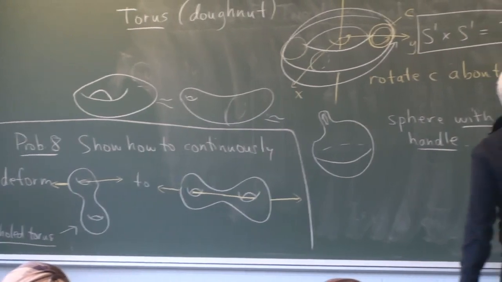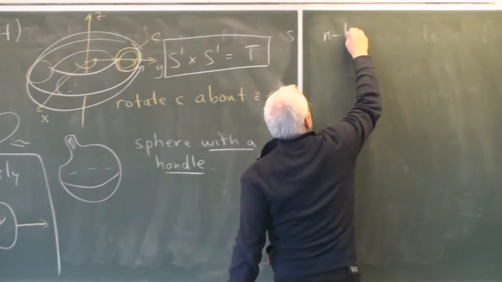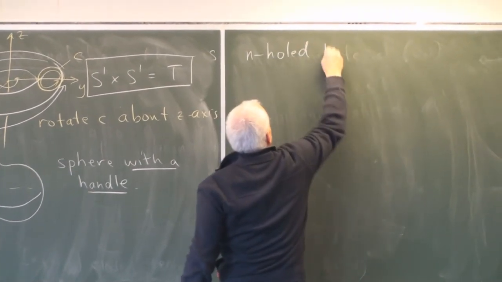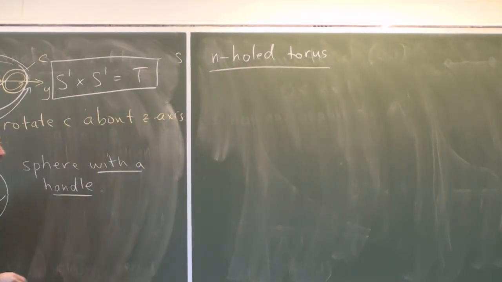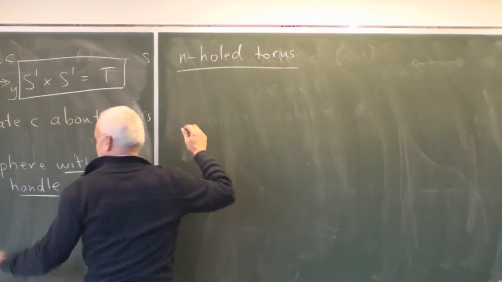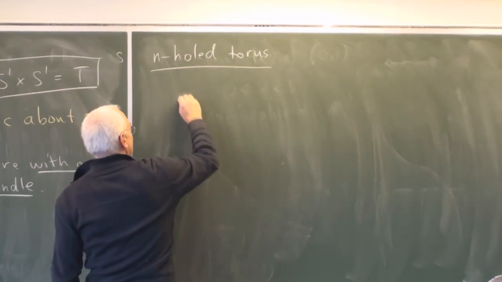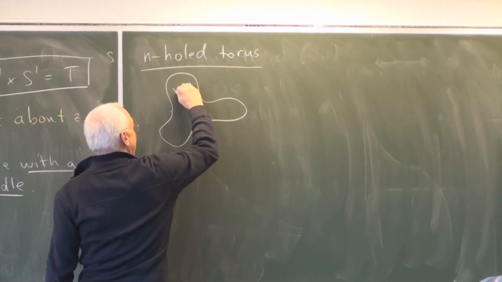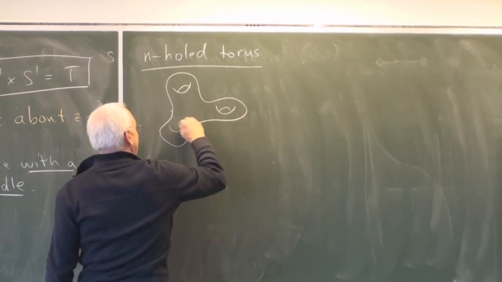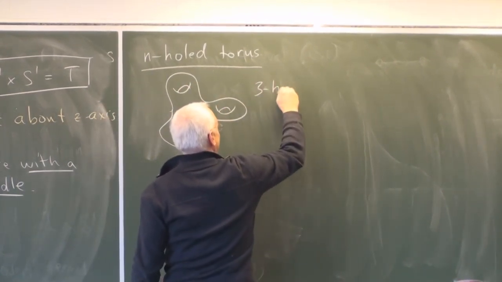All right, so let's just mention this generalization of a torus called the n-hole torus. There was an example of it right there. We've already seen the 2-hole torus, but we can also think of a 3-hole torus.